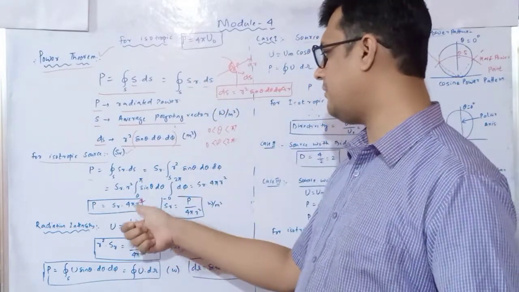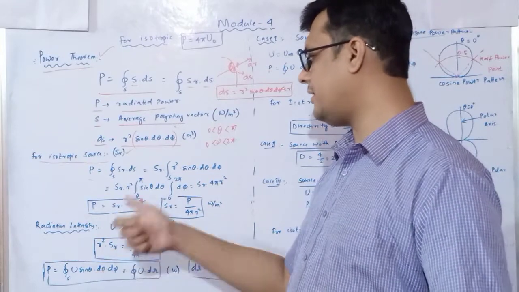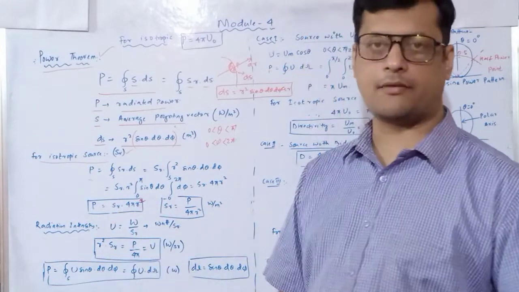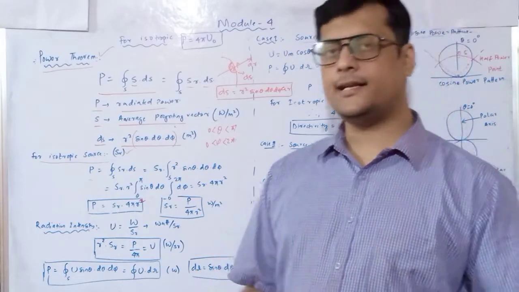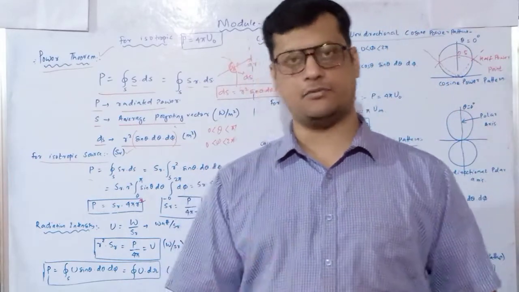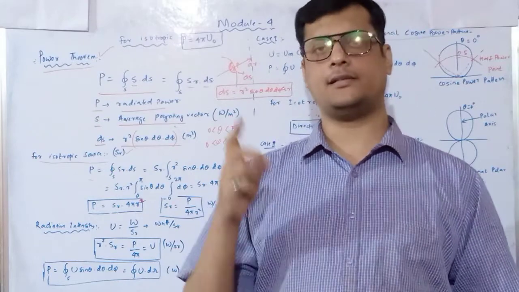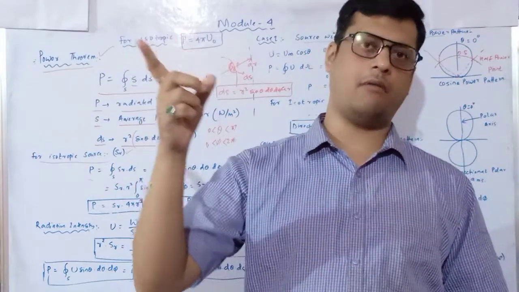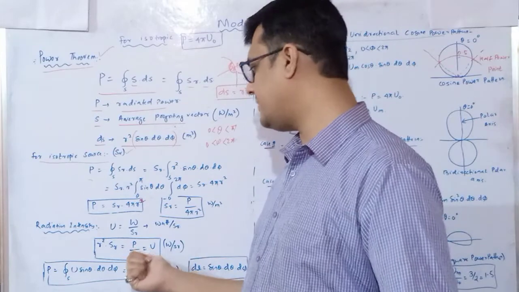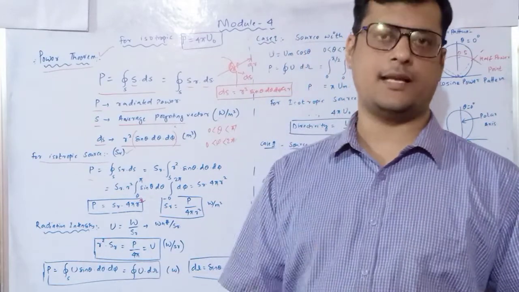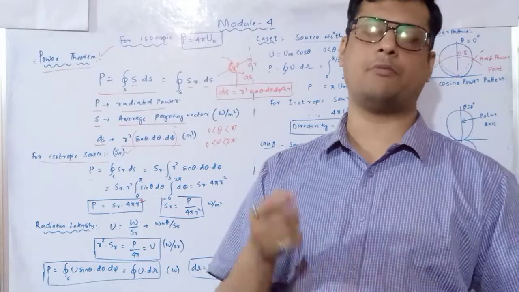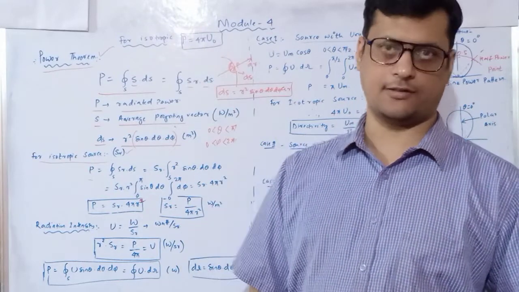What is left is r square into S_R, which equals P by 4 pi, which is nothing but the radiation intensity. So radiation intensity can be represented in terms of the Poynting vector along the r direction: intensity is equal to r square into S_R. Basically S_R is nothing but the average power propagating in a certain direction.